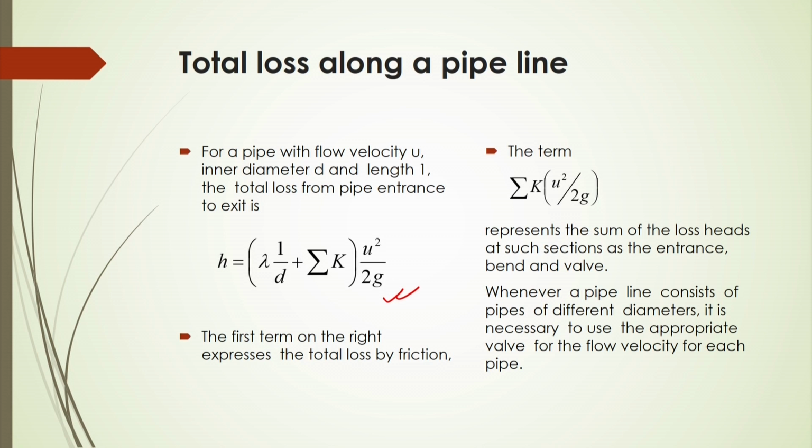If the pipeline is connected by valves, joints, bends or some other geometric change, you have to consider all those minor energy losses and also the major losses based on the pipe geometry. You sum up the minor and major losses to get the total energy loss as fluid flows through the whole pipeline. That pipeline may be 2 meters, 5 meters, even kilometers, even 500 kilometers long.